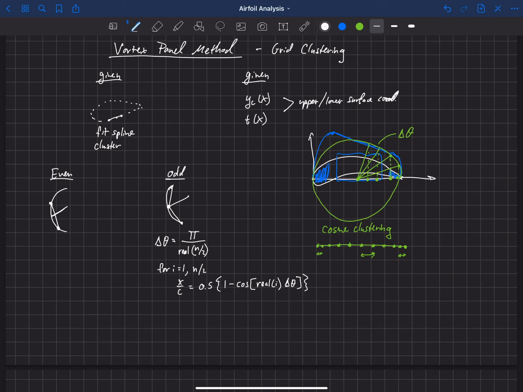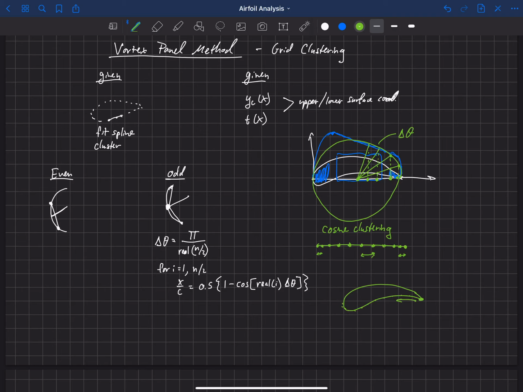And so that gives us our x over c component. So that will give us n over 2 points. And then the center point, we know, is at 0, 0. I should say, we traditionally start on the lower surface of this airfoil, and so we would start here at the trailing edge and go in this direction, and compute points as we move along here.